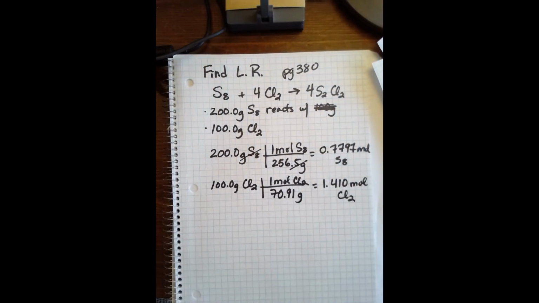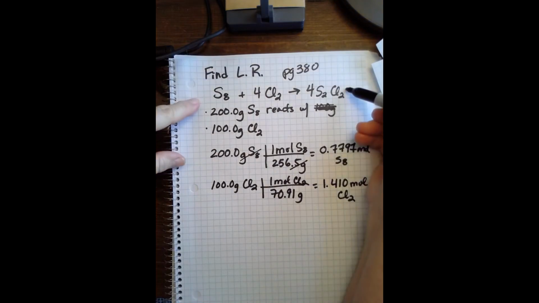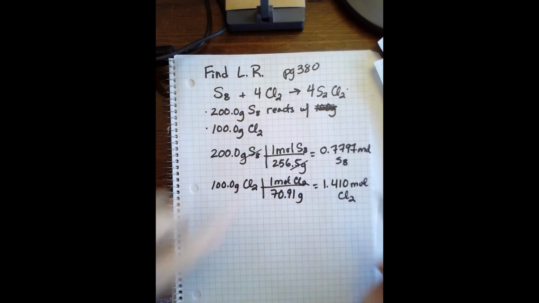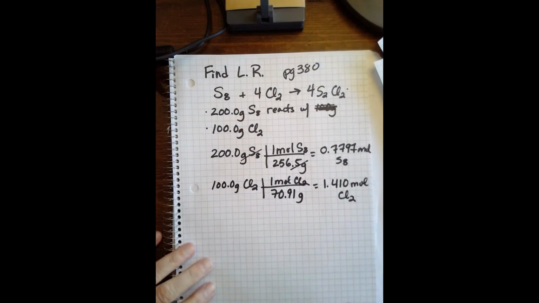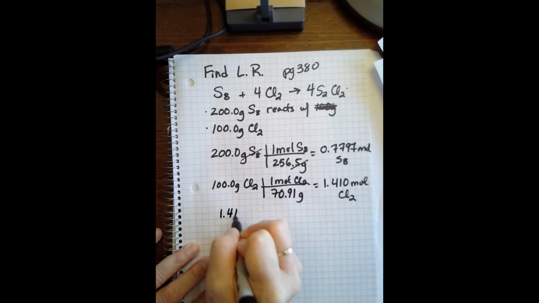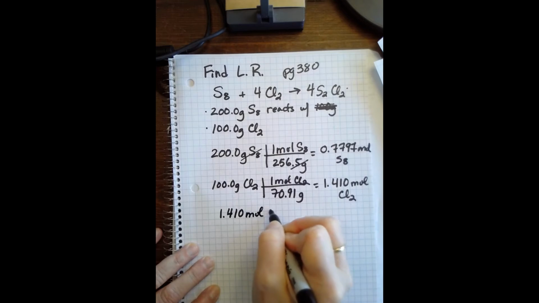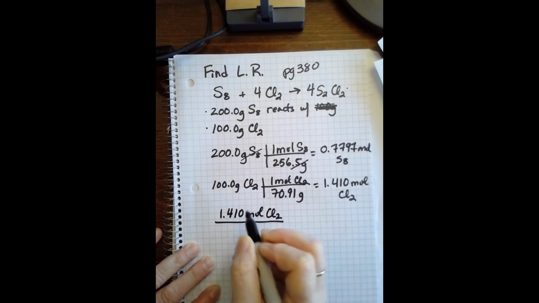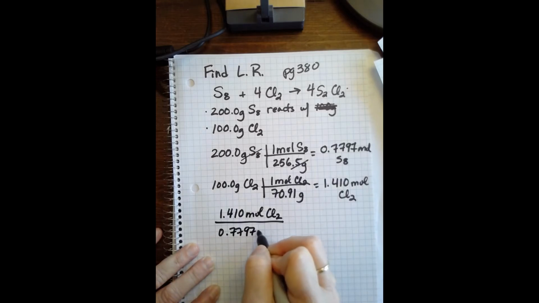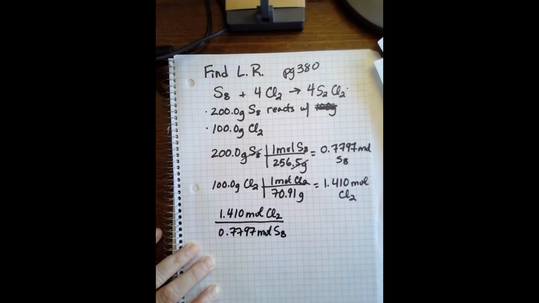All right, so this is what I'm going to use. Now, I have to compare this back to this. It is hard to compare numbers with decimals to these whole numbers. So here is the process. I want to have the number 1 show up somewhere. If we don't have whole numbers here, we're going to take 1.410 moles of chlorine and put it over 0.7797 moles of the sulfur 8.